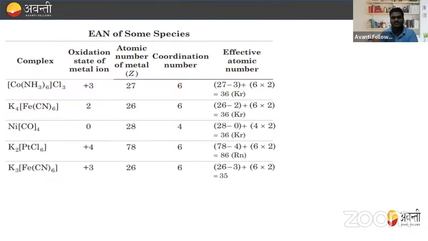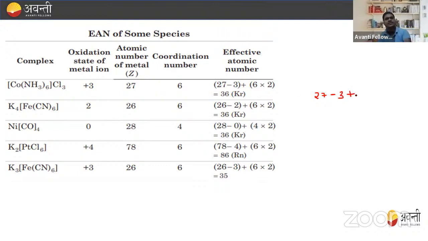Let's see some examples. If you want to calculate the EAN for this complex, the atomic number of the metal is 27, minus the number of electrons lost, that is the oxidation state of cobalt here, which is +3. How? Because NH3 has 0 charge and Cl has -1 charge.